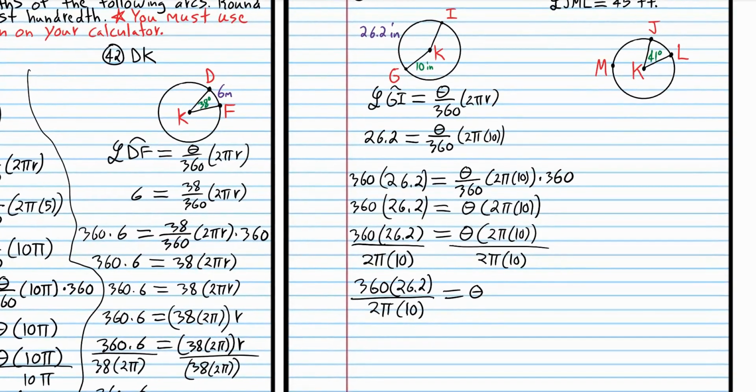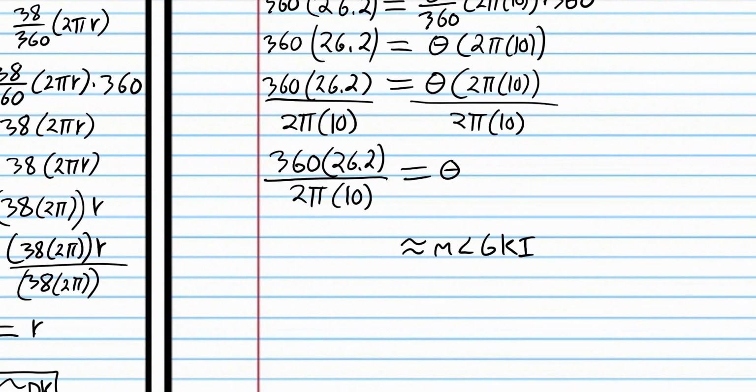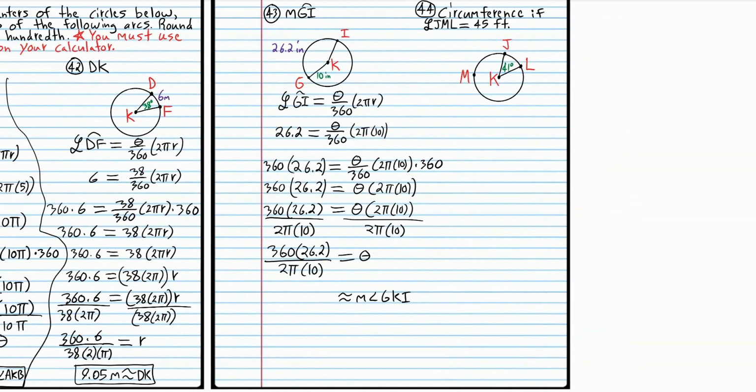Now we just get out the calculator, and we can call this the measure of angle GKI, I guess. The measure of angle GKI is approximately equal to, get out our calculator, 360 times 26.2 equals, divided by 2 equals, divided by the pi button equals, divided by 10 equals.